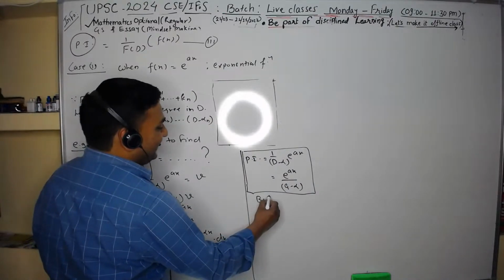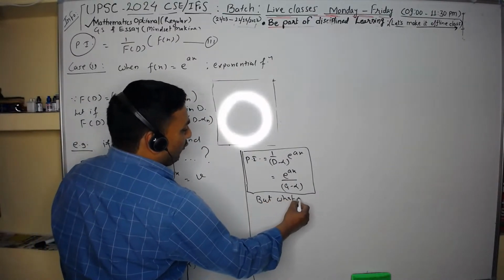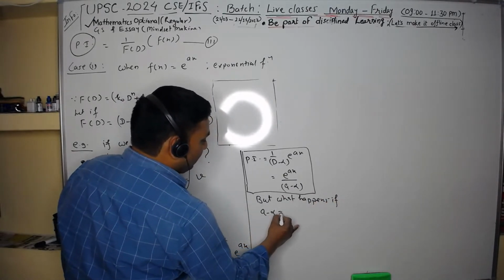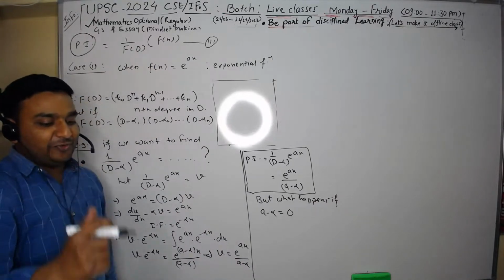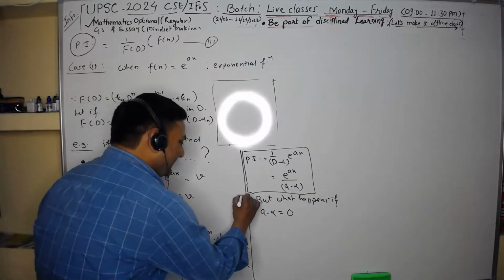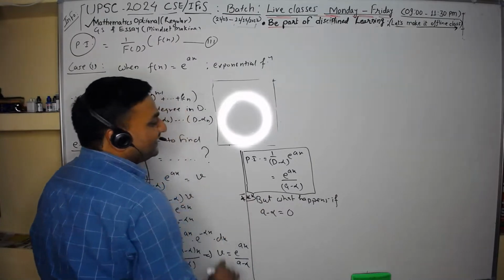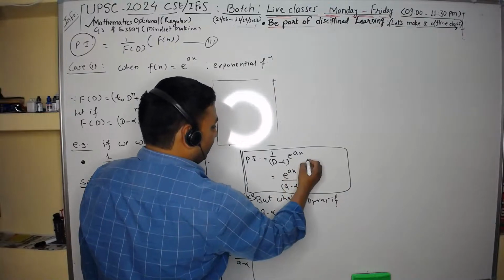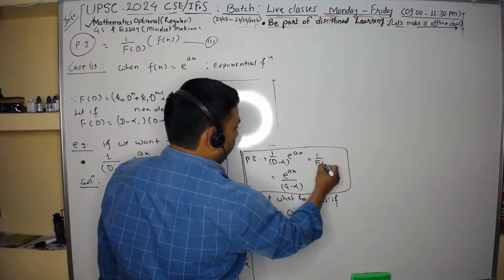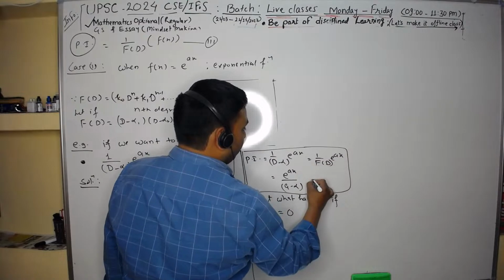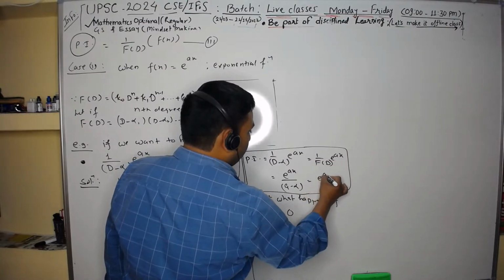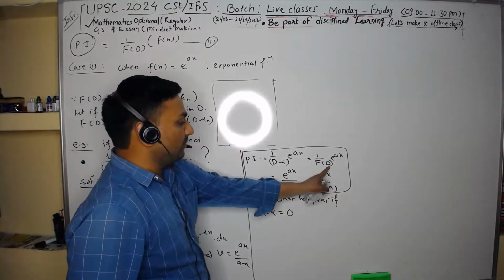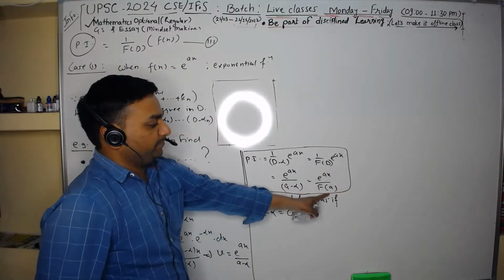But what happens if a minus alpha becomes 0? Some people also remember it like this: if I say 1 upon f of D e raised to the power a x, this is nothing but e raised to the power a x upon f of a, meaning you just replace D by a, right?